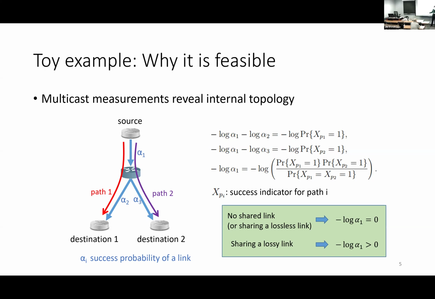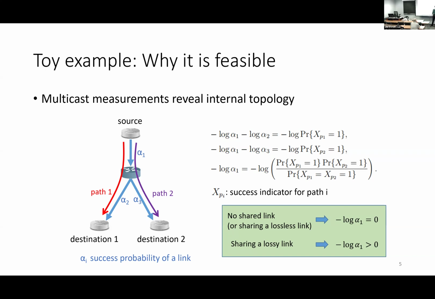What you get because of the multicast is this. Let's look at end-to-end loss measurements. If I use X sub P to denote the indicator of success for path P, then this path success probability, under the spatial independence assumption, will be equal to the product of the link success probabilities. So on this path, I can consistently estimate alpha 1 times alpha 2, and on this path, alpha 1 times alpha 3.